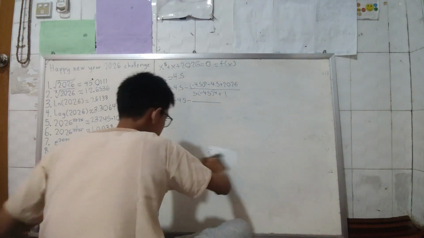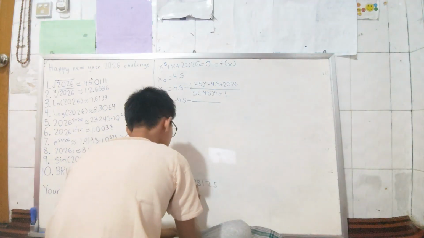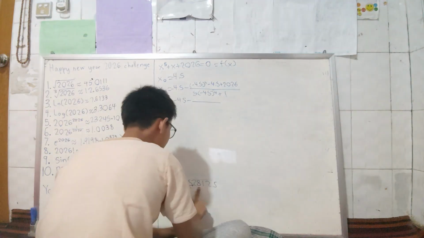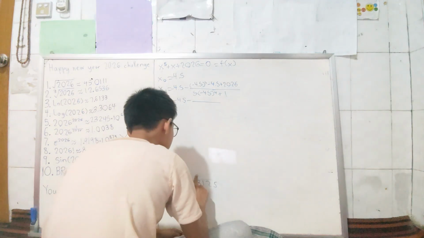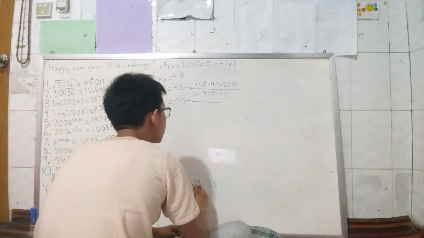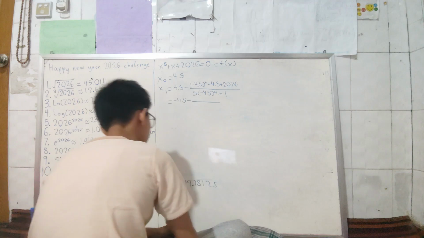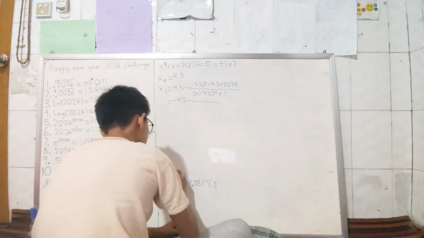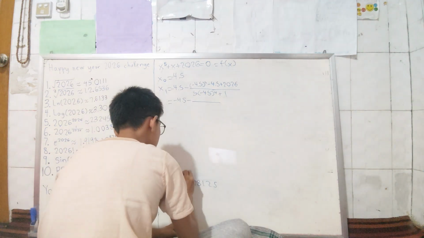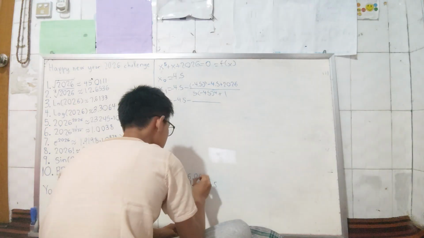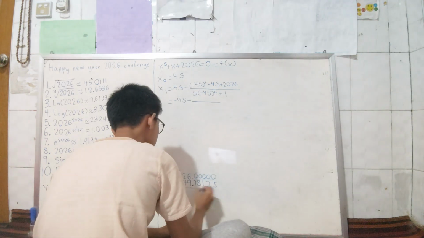Then it's already negative, but if we subtract 4.5, that's gonna be negative. Let me erase this first. Subtract negative 4.5, that's gonna be adding. And that's gonna be negative 9. And then we're gonna subtract 2026. Subtract these numbers right here.